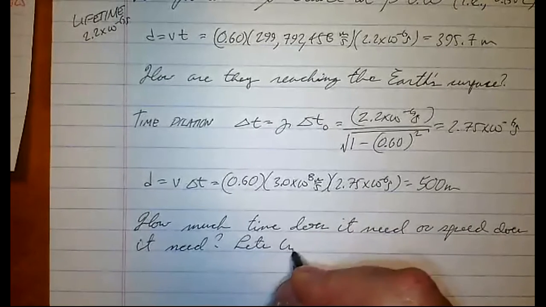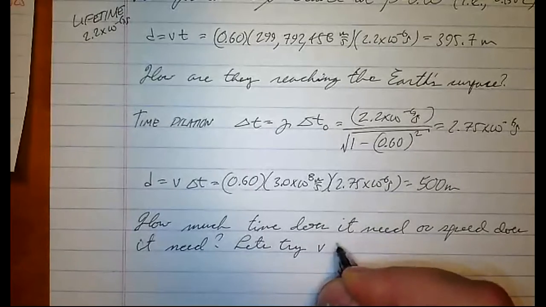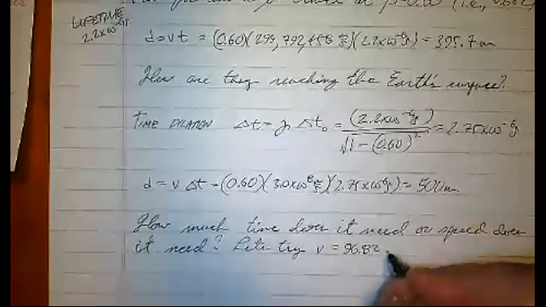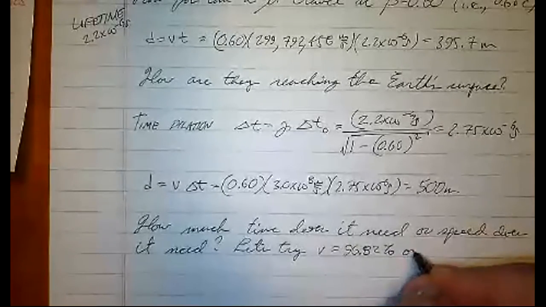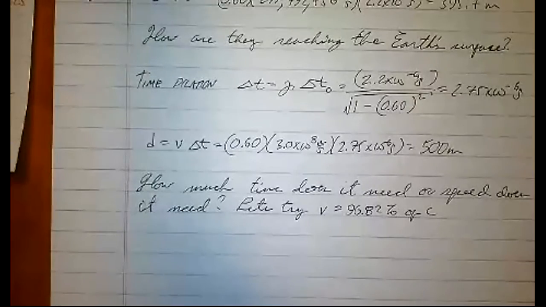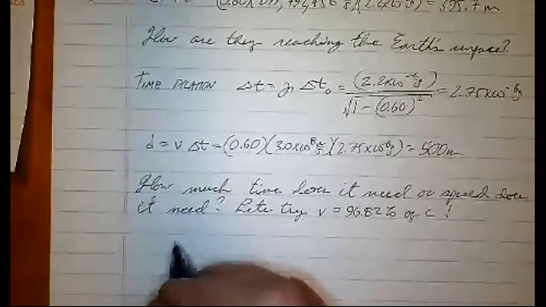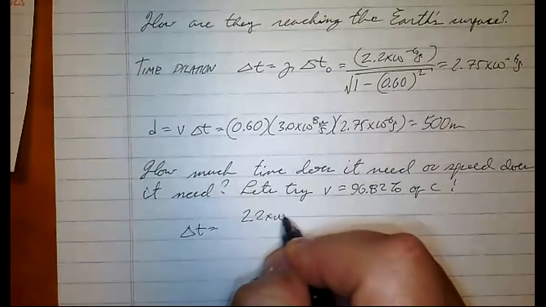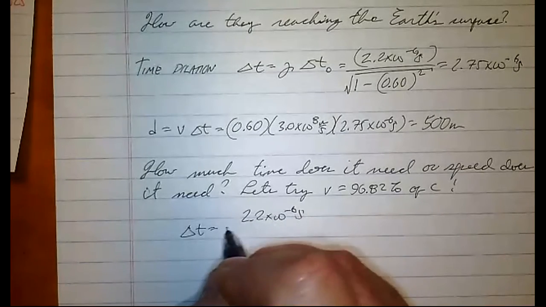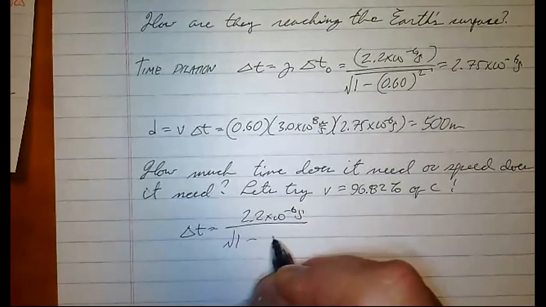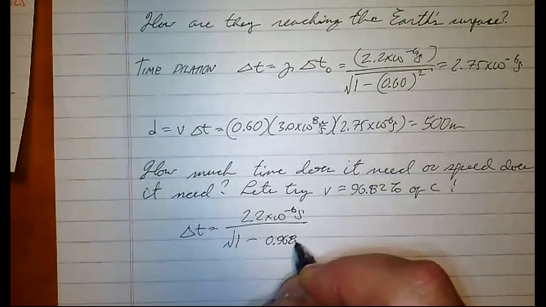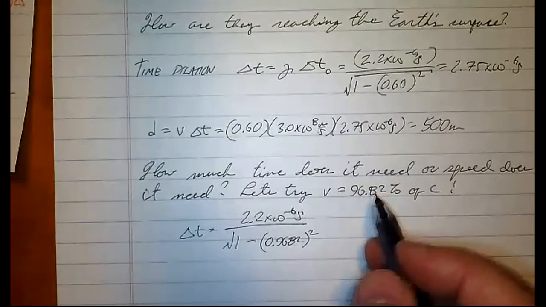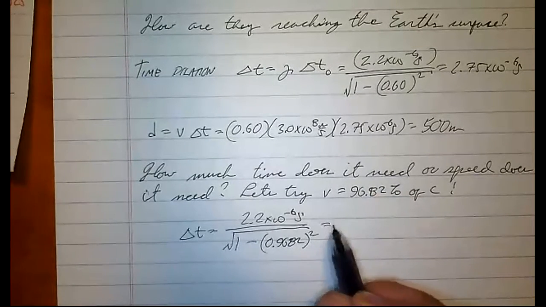Let's try V equals 96.82% of C. Okay, so when I try that, I'm now going to see the lifetime of the muon is going to be 2.2 times 10 to the negative 6 seconds divided by square root 1 minus 0.9682 squared. Notice that percent, if I make it to a decimal, that just becomes a beta. That's why I just put that in there, and I didn't have to put any C's or anything.